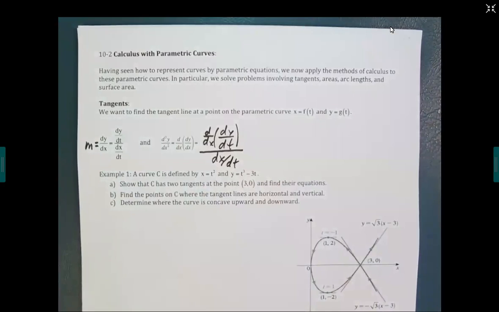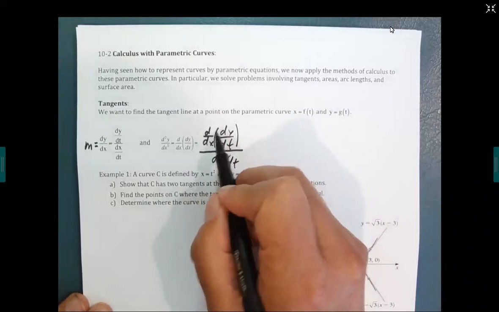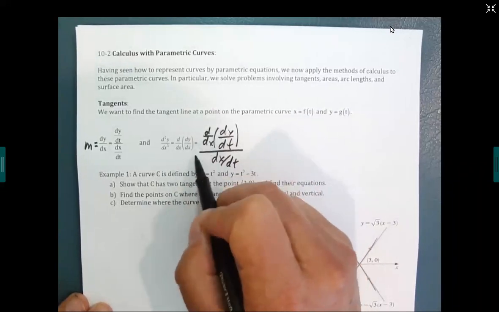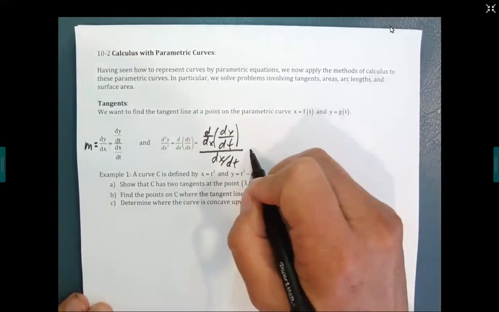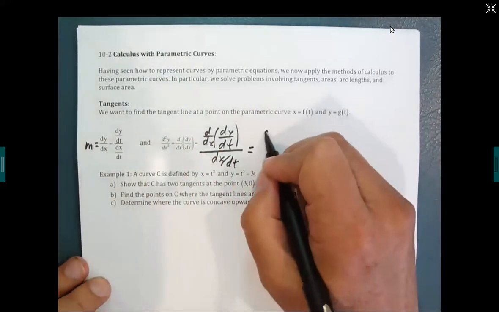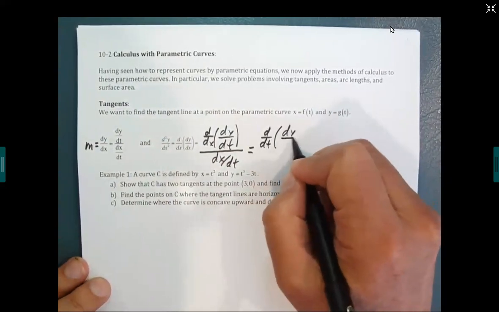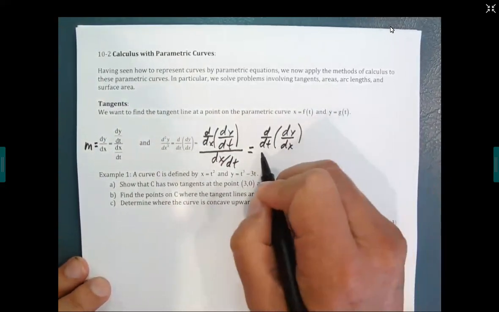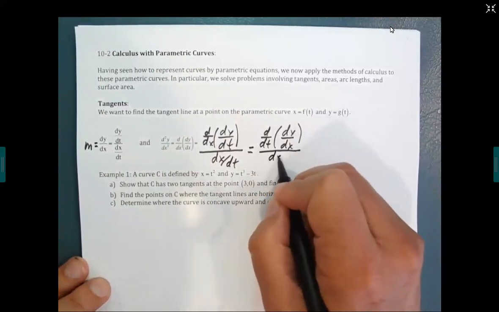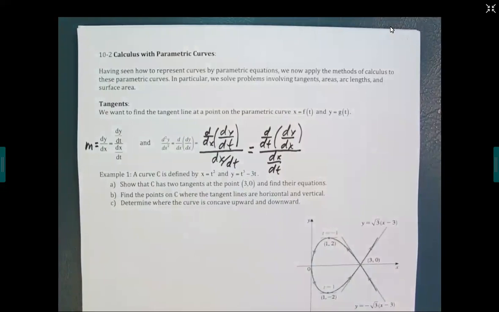And as we apply our derivative operator here, I'm going to take the dx and the dt and swap them out. And believe it or not, this is the final product of the second derivative.